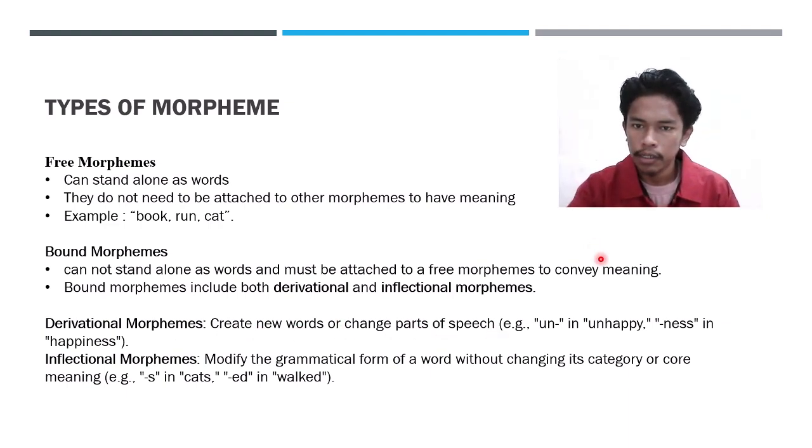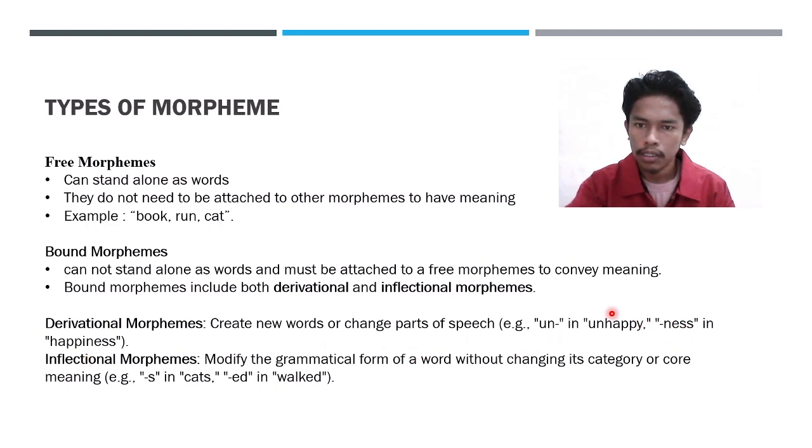For example here, happy, and then put un- in front of it and it becomes a new word, not happy. Then here, happy, and put -ness at the end of it, so it becomes a noun, right?